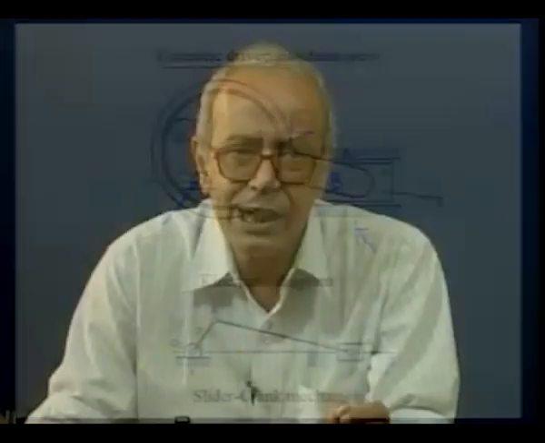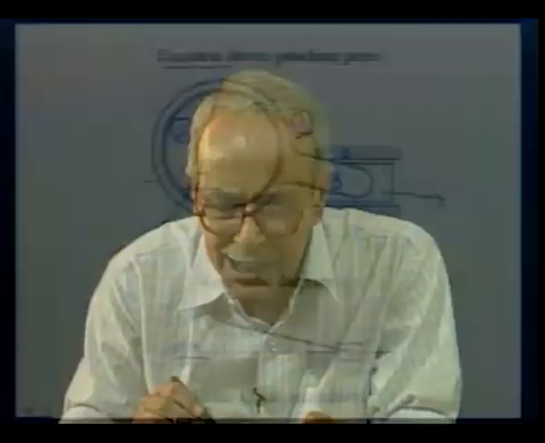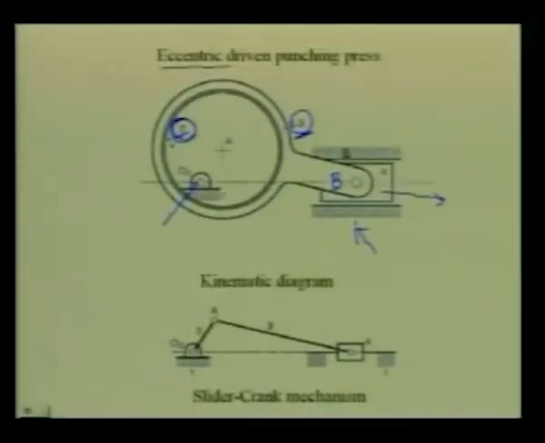To decipher the kinematic pair, the best thing is to forget about all other connections and hold one of these two links, say link number 2, fixed, and try to move link number 3. It is obvious that link number 3 cannot move in the plane of motion by any translation in any direction, because this circular eccentric is placed in a hole in this connecting rod.